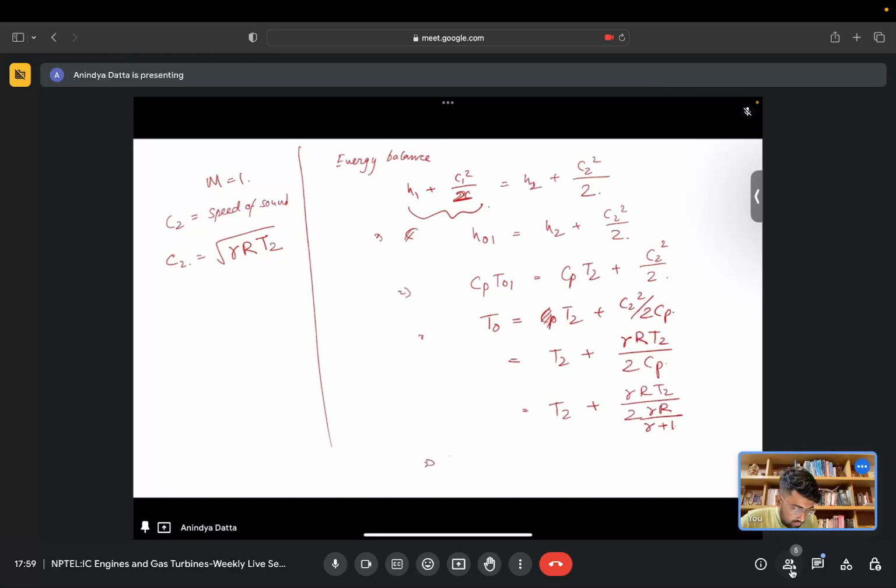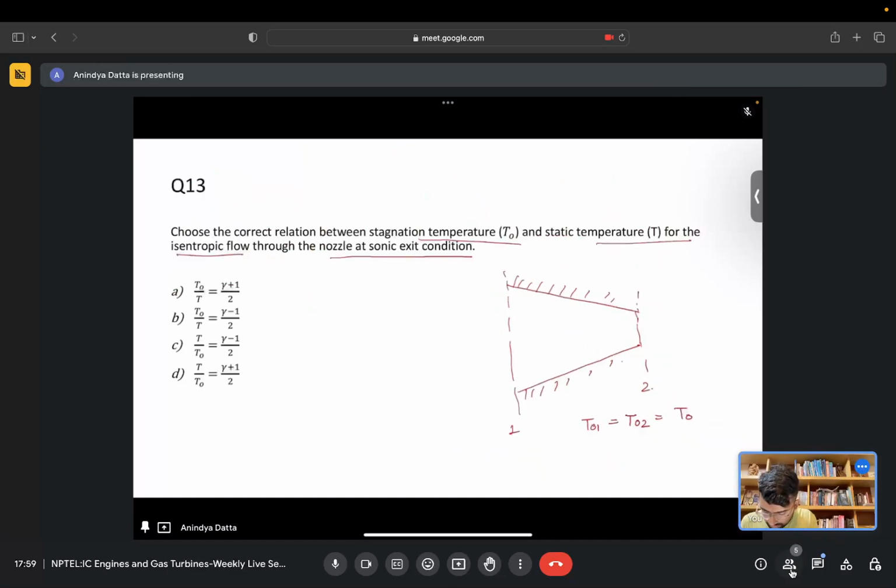So if we now take T2 common, what we get is 1 plus gamma minus 1 by 2, or T0 by T2 as gamma plus 1 by 2. Okay, so the correct answer is option A.